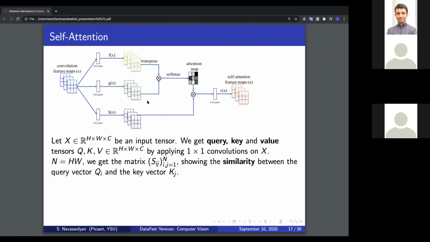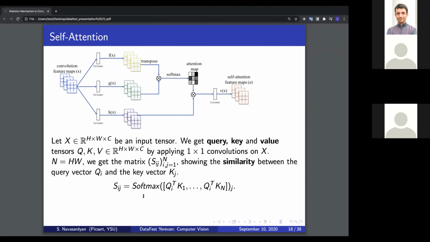And computing some similarities in the same way as we did for the two-dimensional case. And after that, we take the weighted sum of vj's using these similarities.